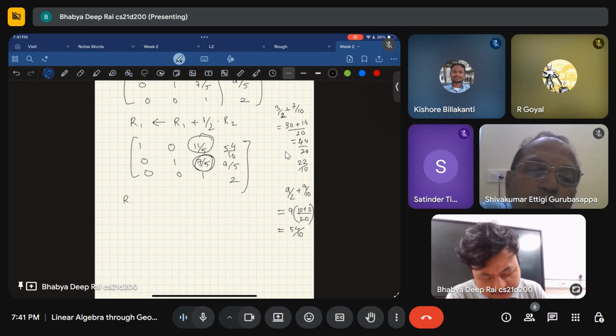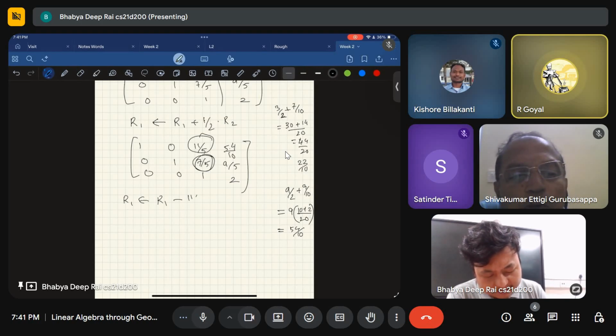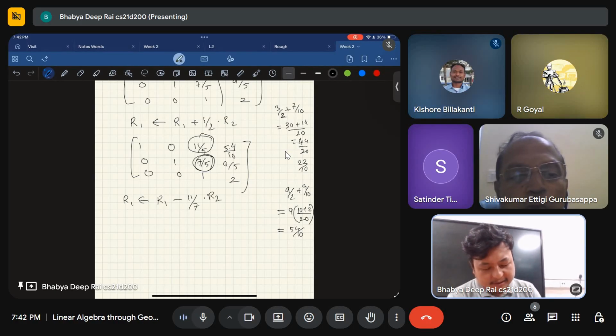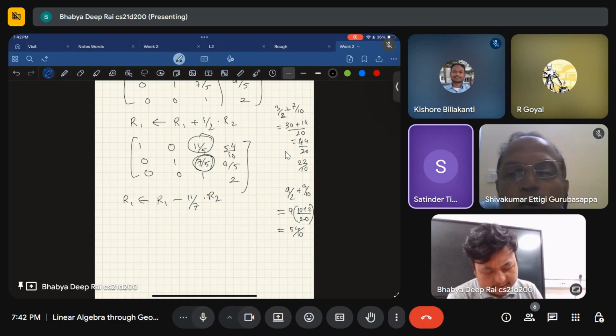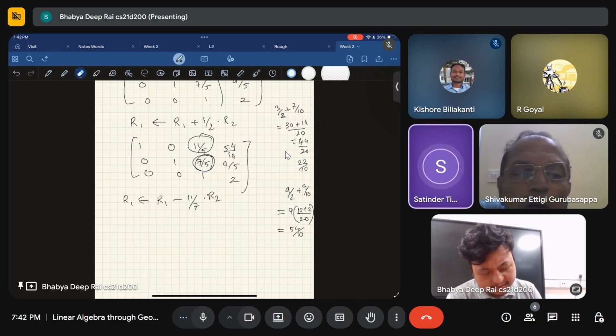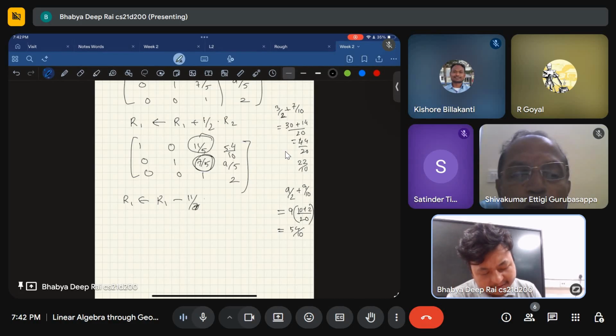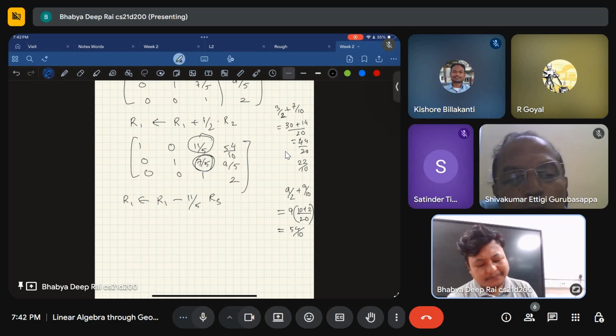And R3 will be subtracted too: R3 times 11 by 5 will be enough. Yes, that is also.